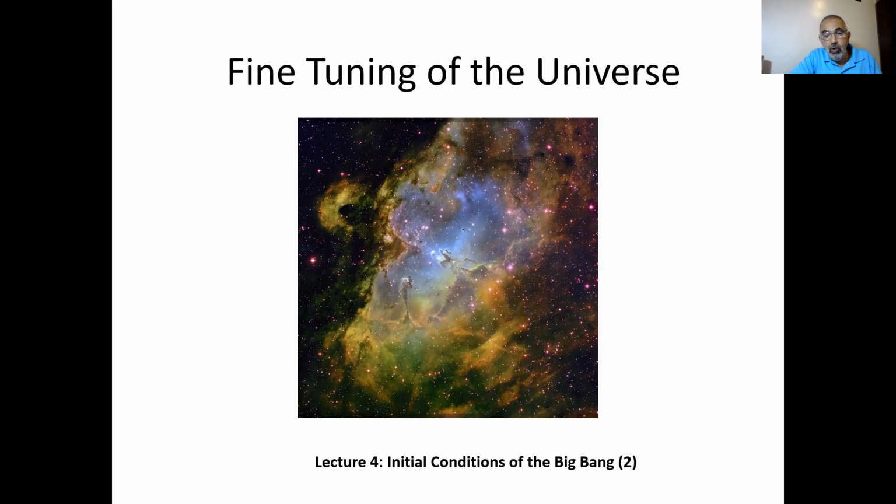We're here at lecture 4, continuing to talk about initial conditions of the Big Bang. In our last lecture, we explored the unbelievably fine balance that had to be there between expansion speed and density of matter and energy, so that stars and galaxies could form and anything resembling life as we know it would be possible.